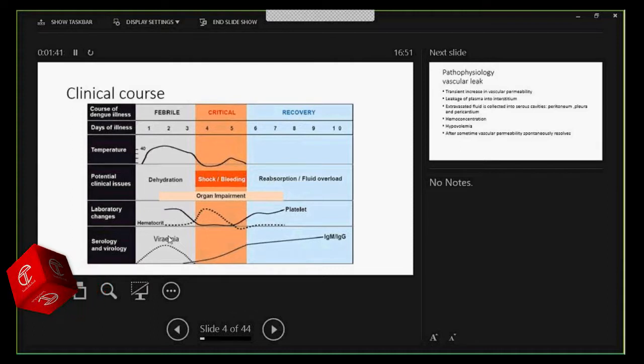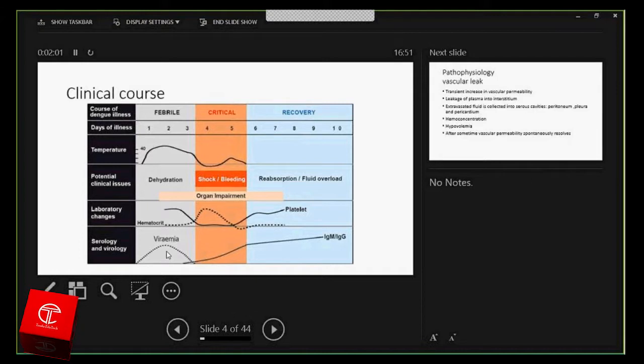From a laboratory point of view, the hematocrit starts to rise and is at its peak during the critical phase, and comes down during the recovery phase. Platelet count drops during the critical phase, and when the patient is recovering, the platelets go up.